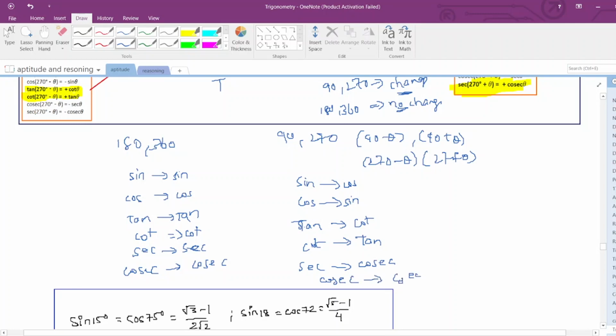And 180, 360 కి ఎలా, either 180 plus theta, 180 minus theta, 360 plus theta, or 360 minus theta, all these four cases లోని sin sin ఉంటది, cos cos ఉంటది, tan tan ఉంటది, cot cot ఉంటది, secant secant, cosecant cosecant. But 90, 270 కి వచ్చేసరికి change అవుతుంది, sin cos, cos sin, okay, and so on.